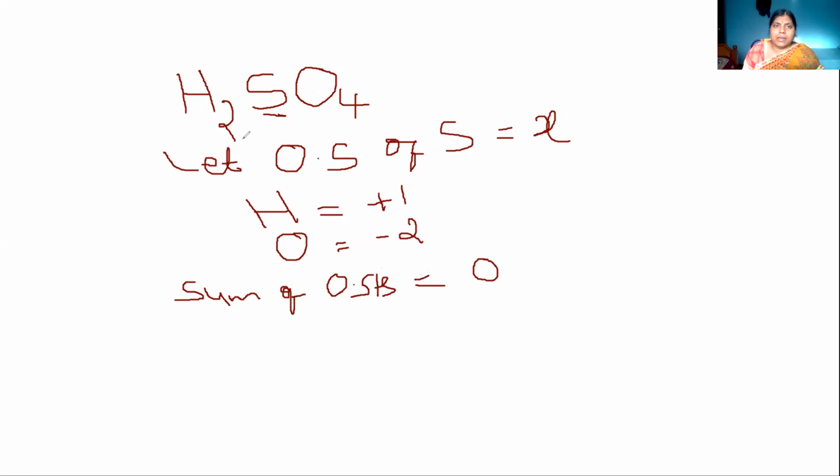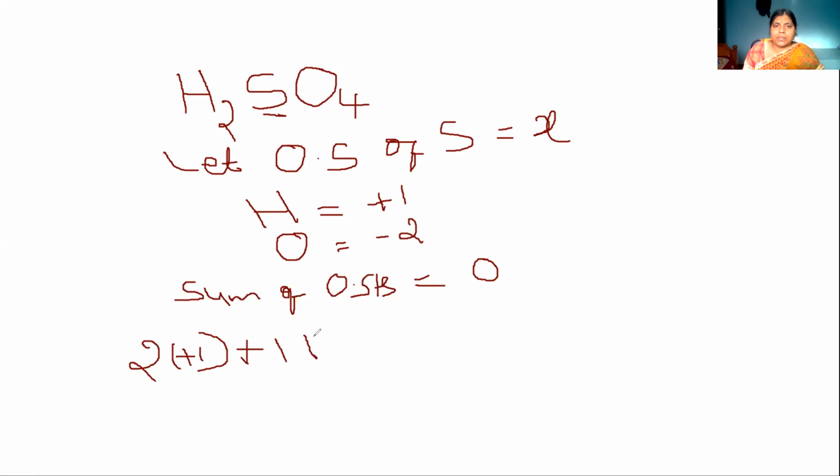Then go on adding. So here how many hydrogens are there? 2 hydrogens. So 2 into what is the oxidation state of hydrogen? +1. So keep it in bracket, +1. Then plus, how many sulfurs here? Only one sulfur. So 1 into what is the oxidation state of sulfur you have taken?